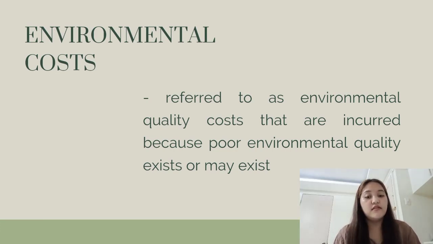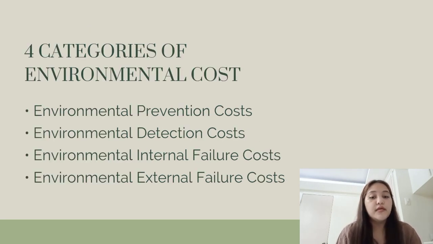Up next is the environmental cost. It is referred to as environmental quality costs that are incurred because poor environmental quality may exist. So, environmental cost has four categories: the environmental prevention cost, environmental detection cost, environmental internal failure cost, and lastly the environmental external failure cost.